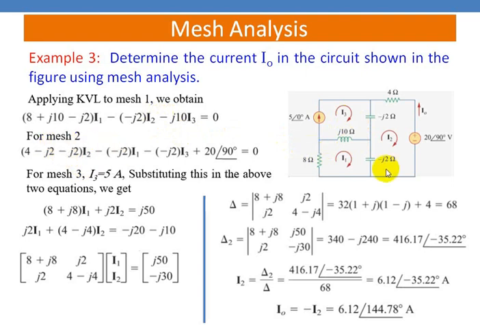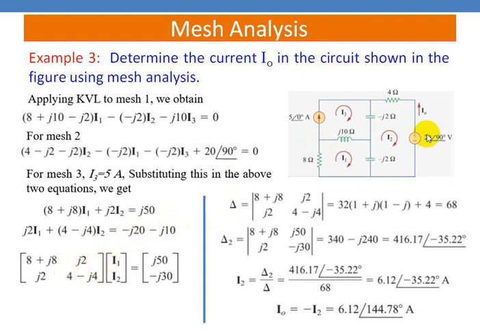Similarly for mesh 2, for I2 you have to add all the resistance and reactance in this, that is 4 minus J2 minus J2, so you will get 4 minus J4. This is the sum of all the resistances and reactances in the second mesh.